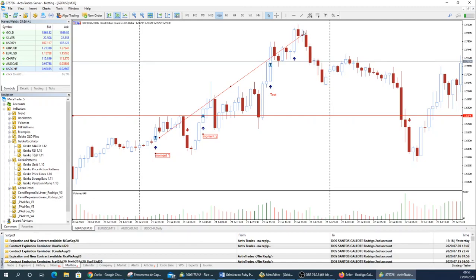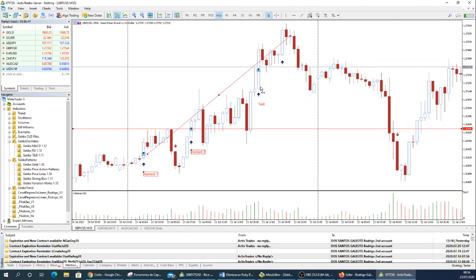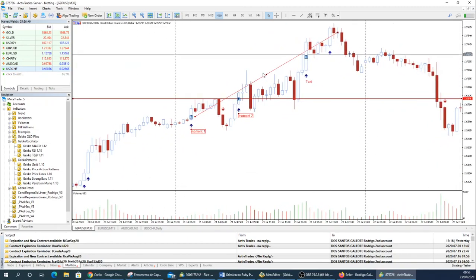And then you can decide to either exit the market here, just because it is the end of an uptrend here, right? Or you can just put some stop losses. But this signal gives you clearly points of entry to the market, right?